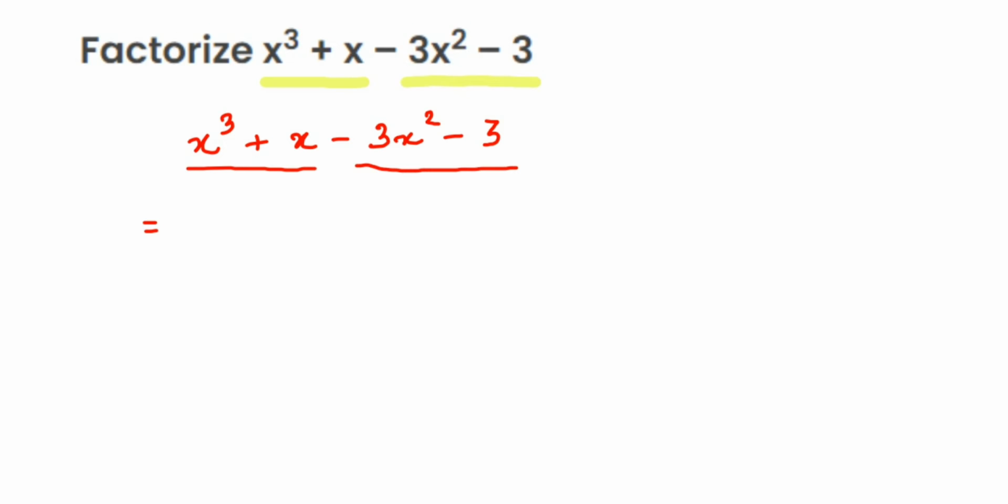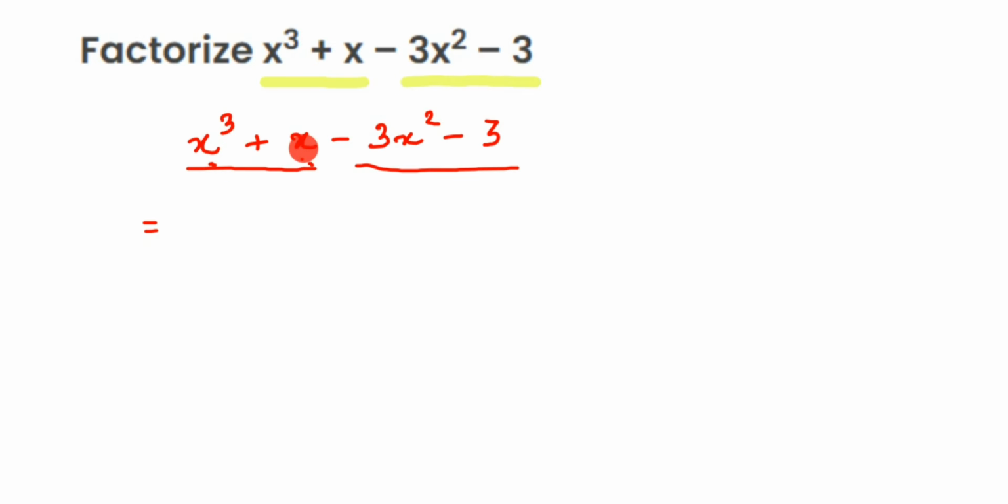So x cube plus x: x is present in both the first and second term, right? I'm going to take out one x because the smallest power here is x, only one single x is present. Here three x are present, x into x into x. So I can take only one x out of these two terms.